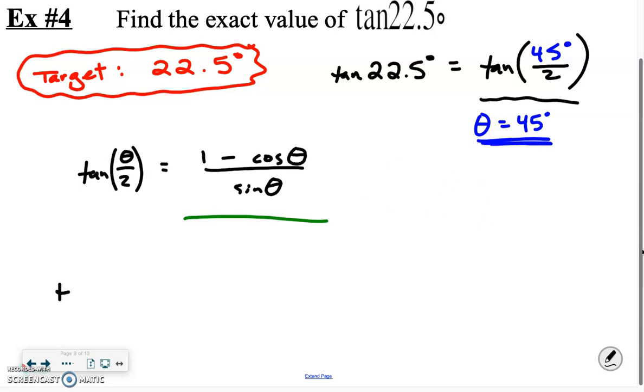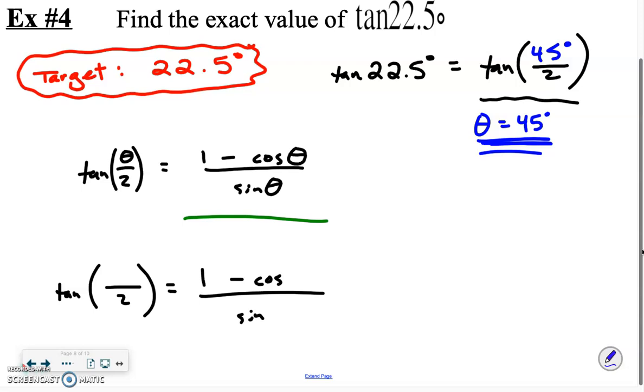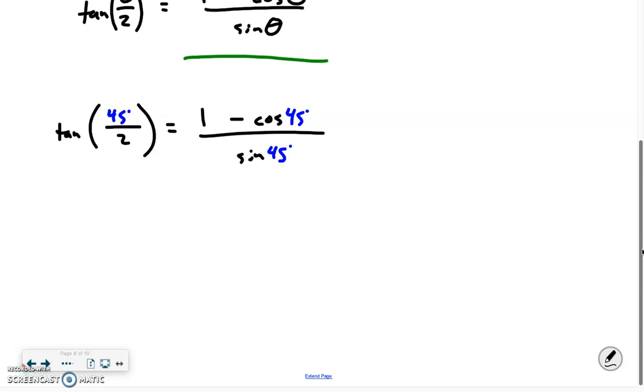And now when we rewrite this, virtually the exact same thing, but everywhere that I see a theta, I'm going to instead insert 45 degrees, because we said theta is equal to 45 degrees. So the tangent of 45 degrees over 2 is equal to 1 minus the cosine of 45 degrees over the sine of 45 degrees. Now, as you're well aware, in many ways we could say that the pre-calculus is really close to being finished.